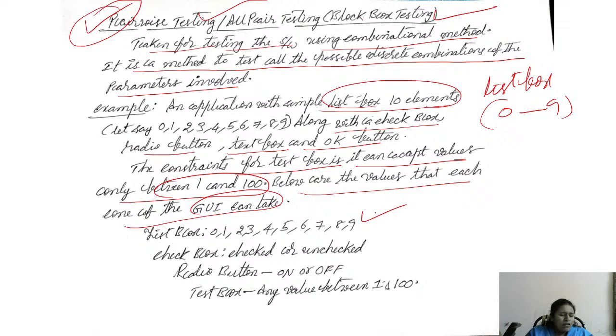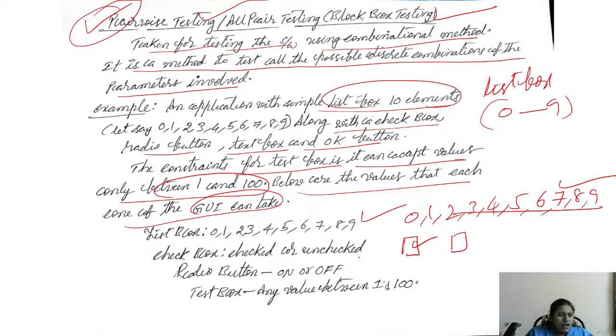The list box we test with 0, 1, 2, 3, 4, and so on; we can select any one. The checkbox is either checked or unchecked. The radio button is either on or off. The text box takes any value between 1 and 100.